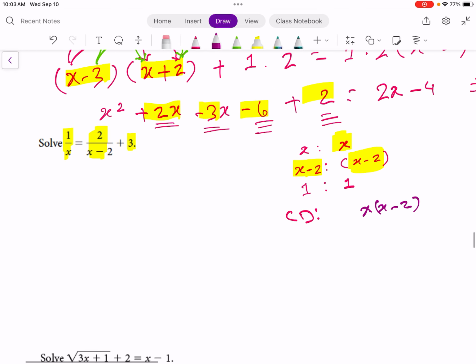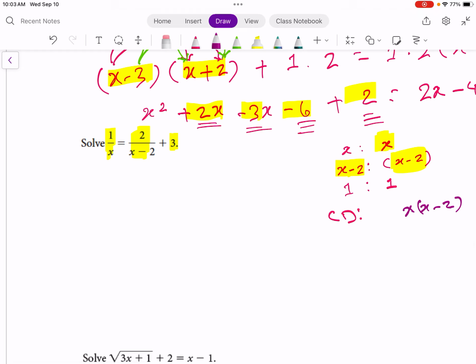Now we use this common denominator to multiply each expression. So let me write the first expression, 1 over x, and we multiply it by our common denominator x times x minus 2. Now the second expression: equals 2 divided by x minus 2, multiplied by the common denominator x times x minus 2. And the third expression is 3, multiplied by the common denominator x times x minus 2.